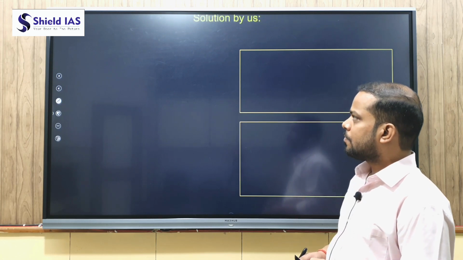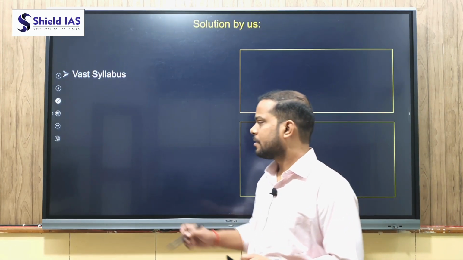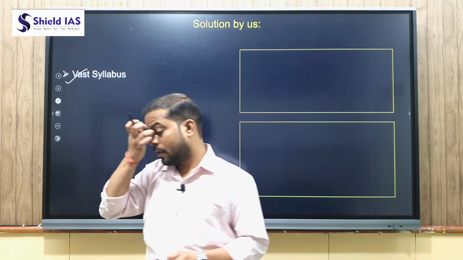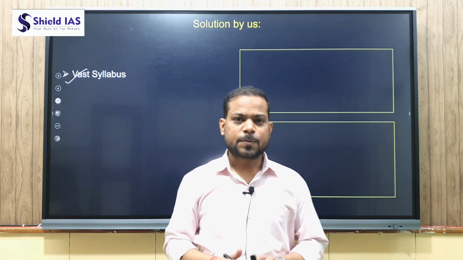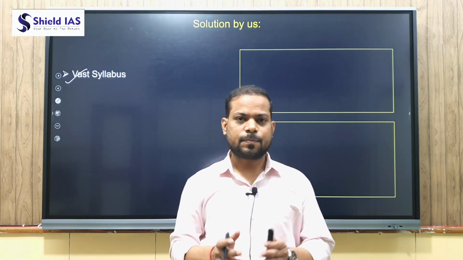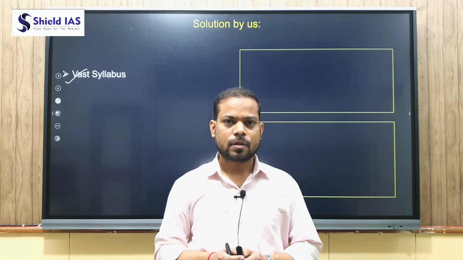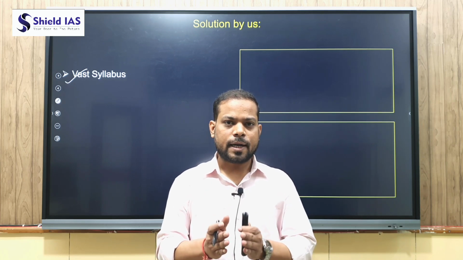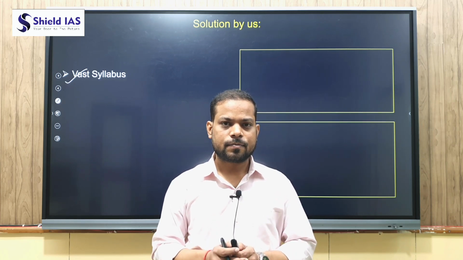So the first problem, as we discussed, is the vast syllabus. As you know, the optional has two papers, paper 1 and paper 2, and both papers are integrated and interrelated.